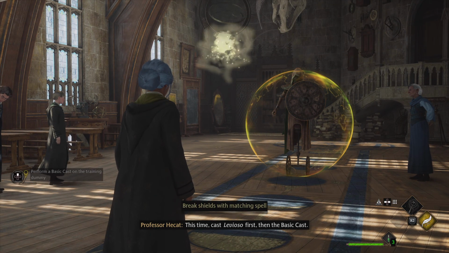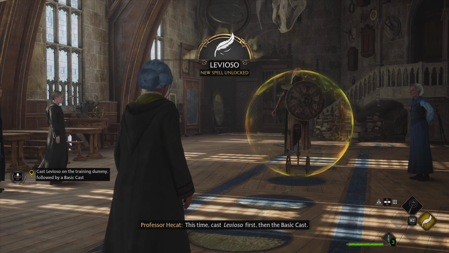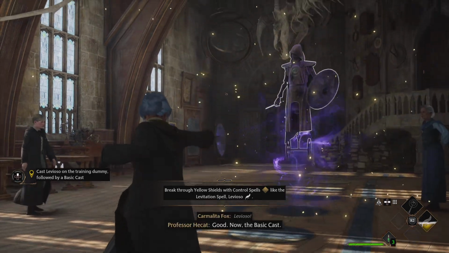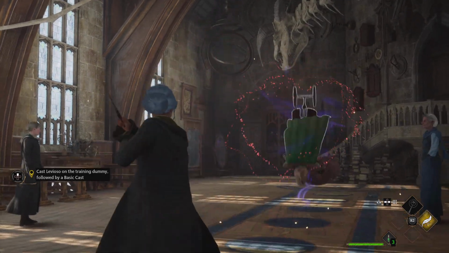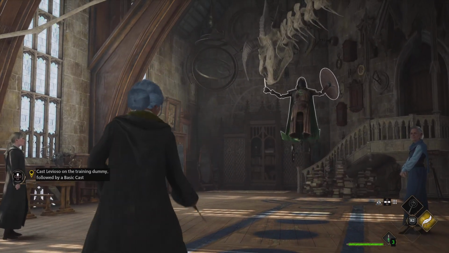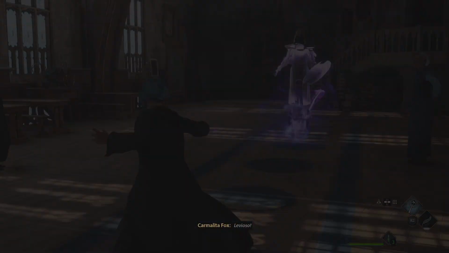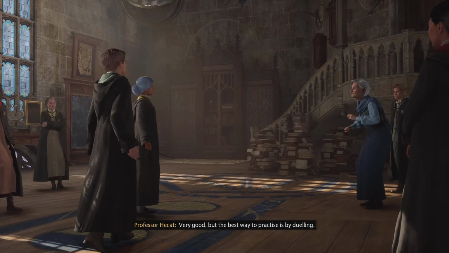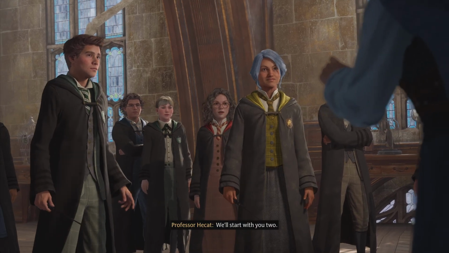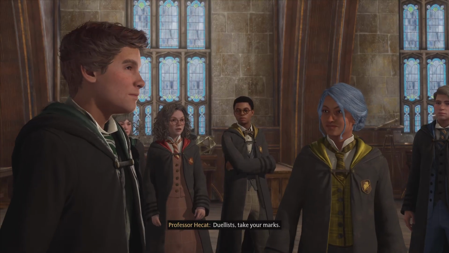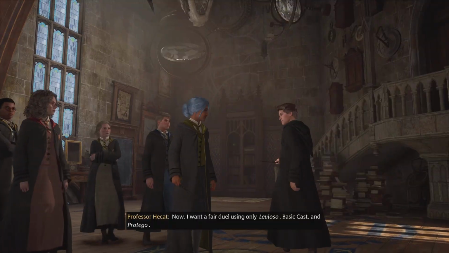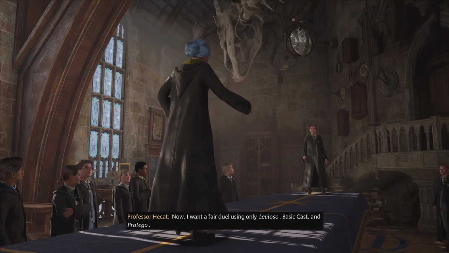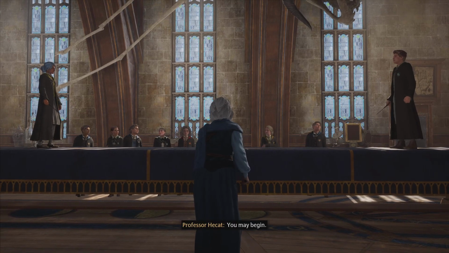This time, cast Levioso first, then the basic cast. Remember, a surprised opponent. Now, the basic cast. Well done. Levioso. Very good. But the best way to practice is by dueling. We'll start with you two. Hogwarts welcome. Now, I want a fair duel, using only Levioso, basic cast, and Protego. You may begin.